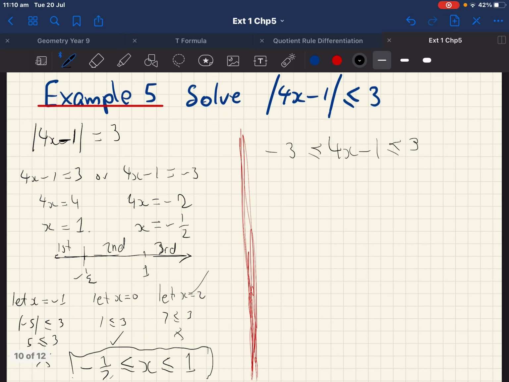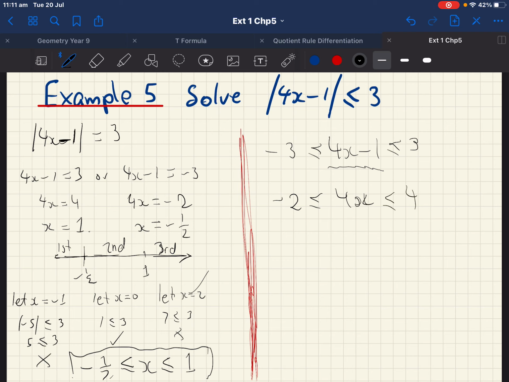What it does do, if you remember it, is it makes finding our solution way quicker. Solving this is so simple. We're trying to get x by itself. So if we look at this middle section here, how are we going to do that? Let's add 1 onto everything. Adding 1 onto this will cancel that -1, and adding 1 onto this will give us a 4.